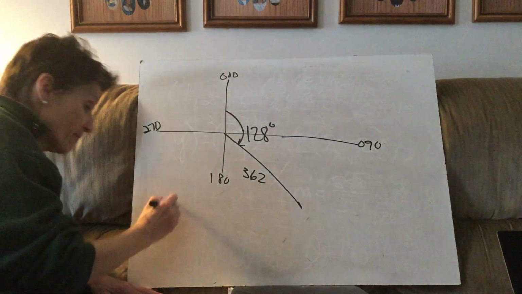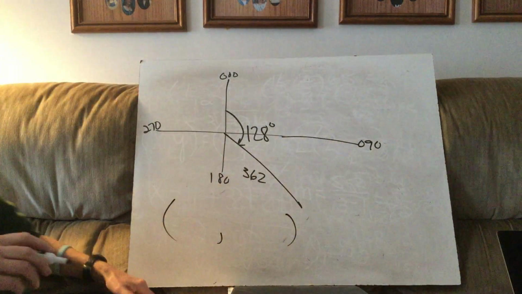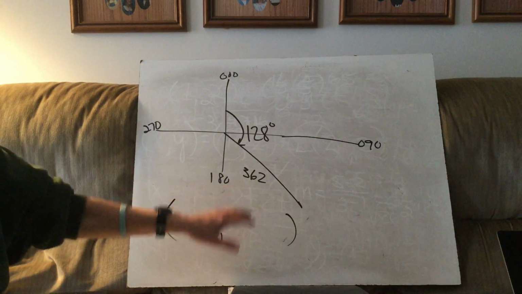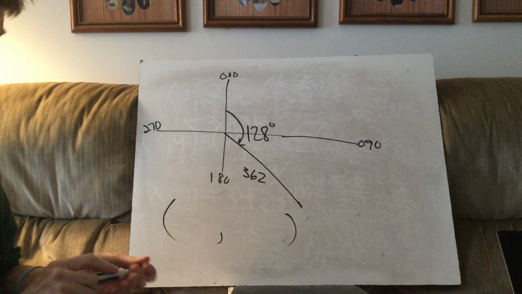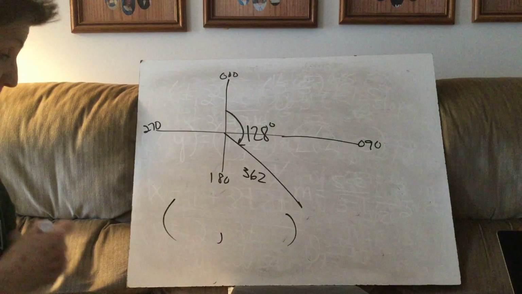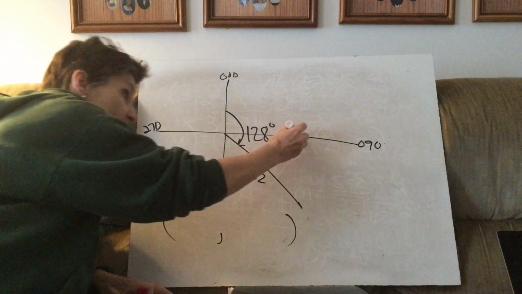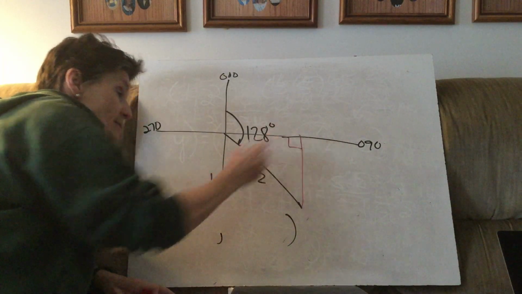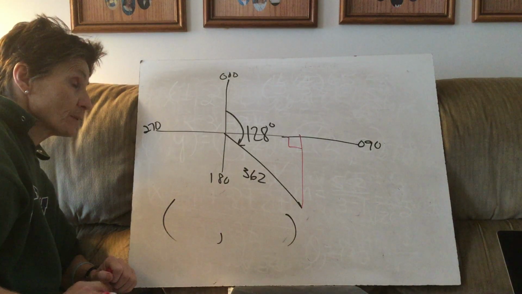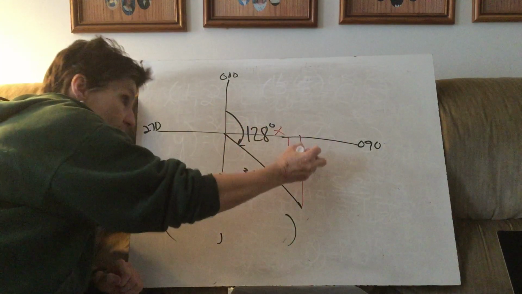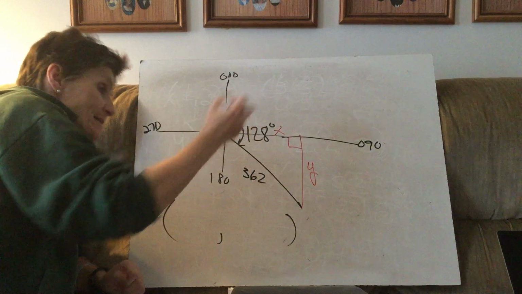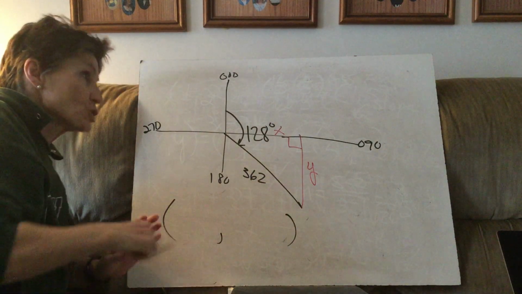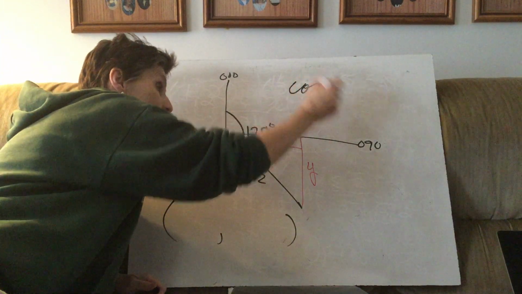Now your job is to find the components. Guys, the components are x comma y. So we've done this before on this very paper. To find the components, we make ourselves a right triangle. This is x, this is y, and we're going to set up a cosine equation and a sine equation.